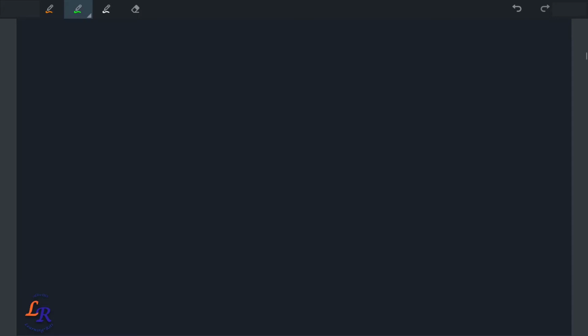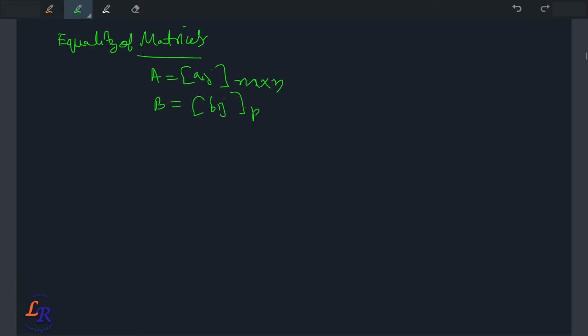Also we have discussed the equality of matrices. So what was that? Let's say the matrix is A equal to Aij of order m cross n, and some other matrix is Bij, which is of order p cross q.